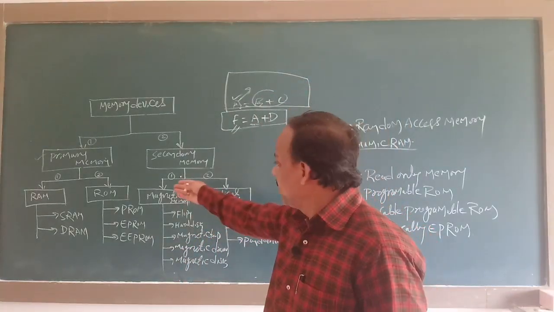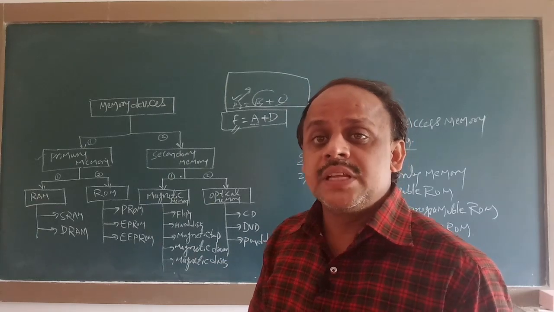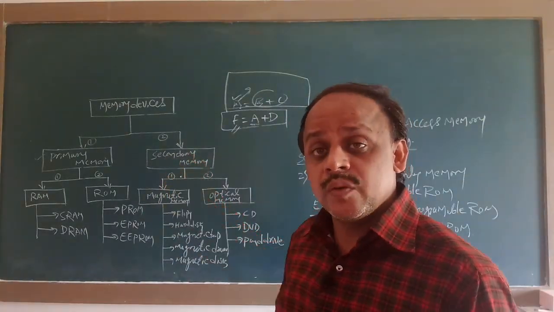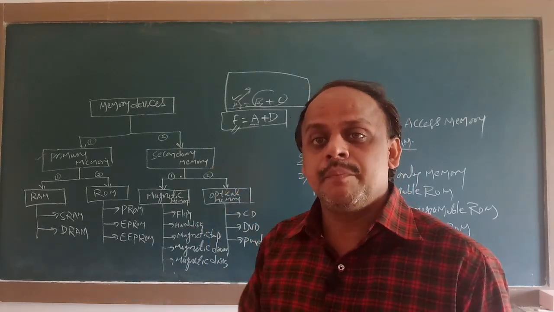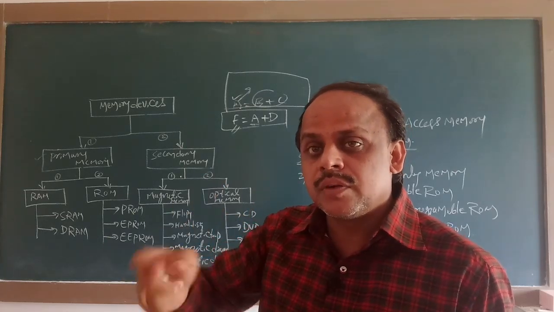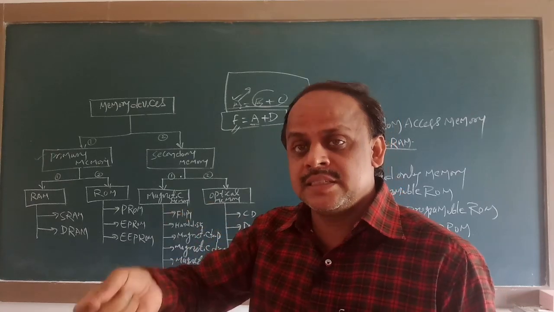So from this explanation, what is primary memory? We can say primary memory is a temporary memory, because when the power goes off, the content of primary memory is erased.